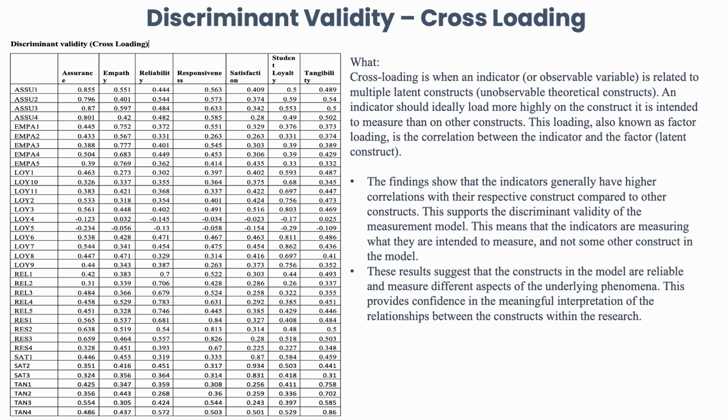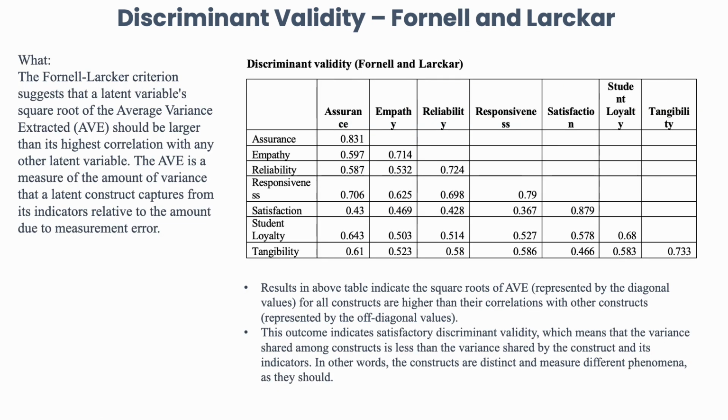Now, this result suggests that the constructs in the model are distinct and reliably measure different aspects of the underlying phenomena, allowing meaningful interpretation of their relationships within this analysis. Now, moving on to the next discriminant validity measure, which is Fornell and Larcker.